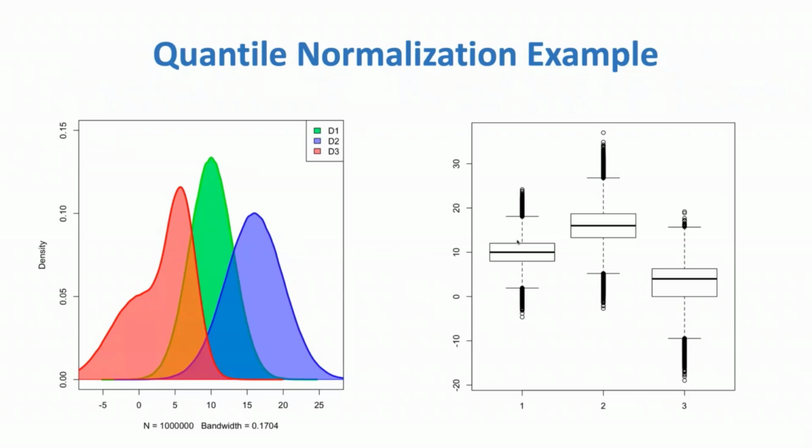Okay, so first, this is a method that I like a lot, and this is quantile normalization. Here I have an example of 3 distributions, shown in 2 different ways. One is a density plot, and the other is a box plot.